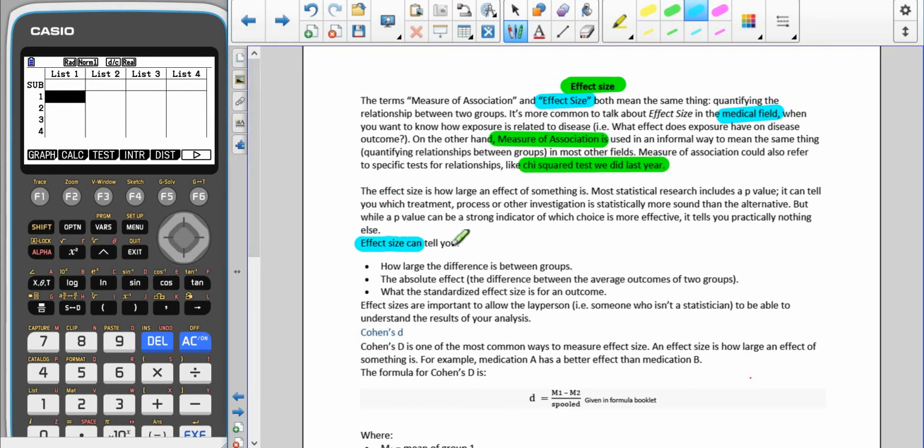Effect size can tell you how large the difference between two groups is, the absolute effect, so the difference between the average outcomes of each group, and the standardized effect size is for an outcome. Effect sizes are important to allow the layperson, someone who isn't a statistician, to understand the results of your analysis.